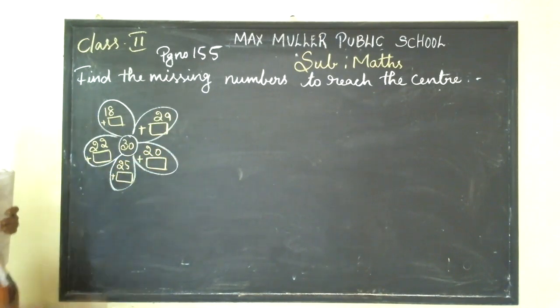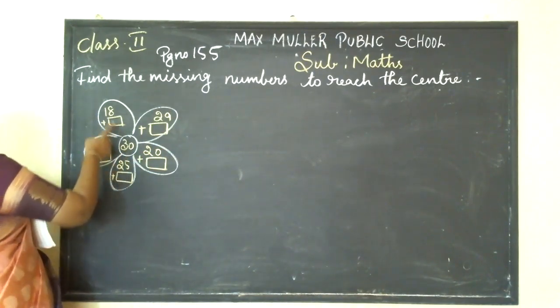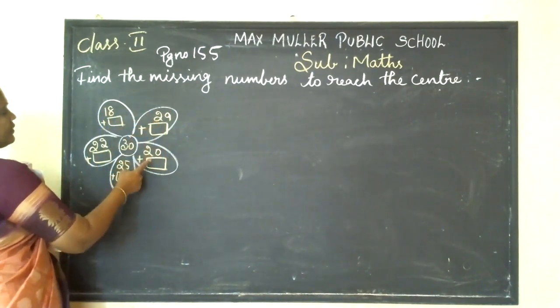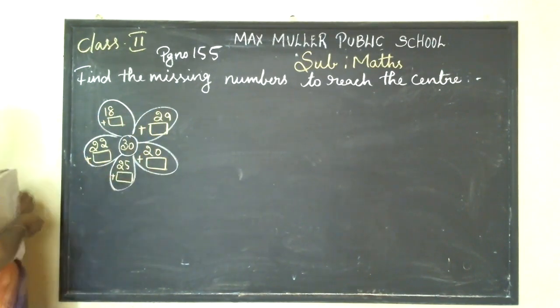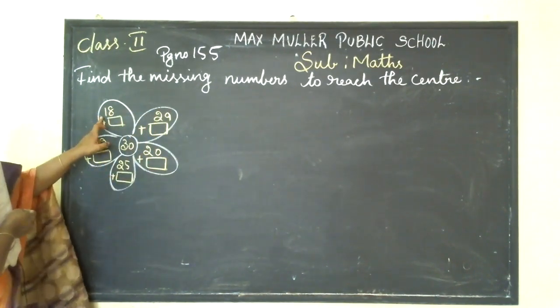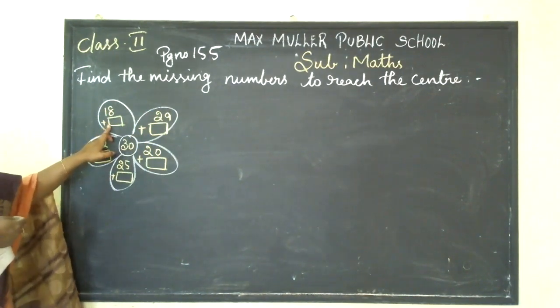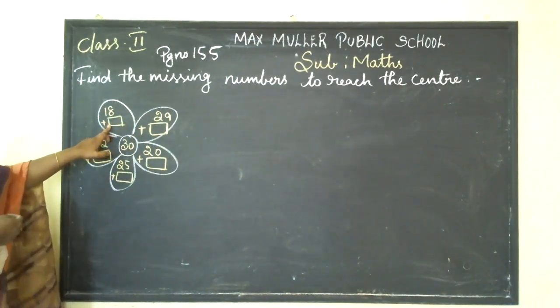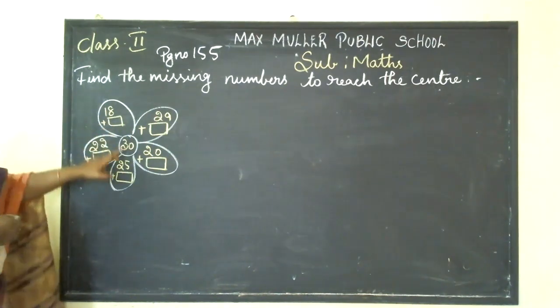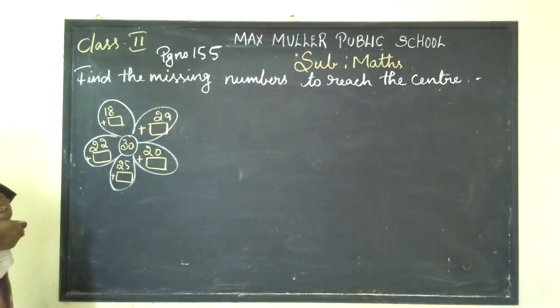See children, in the middle 30 is there. You want to add. If we have 18 plus, how much do you want to add? If you add 12, you will get 30. Understood children?